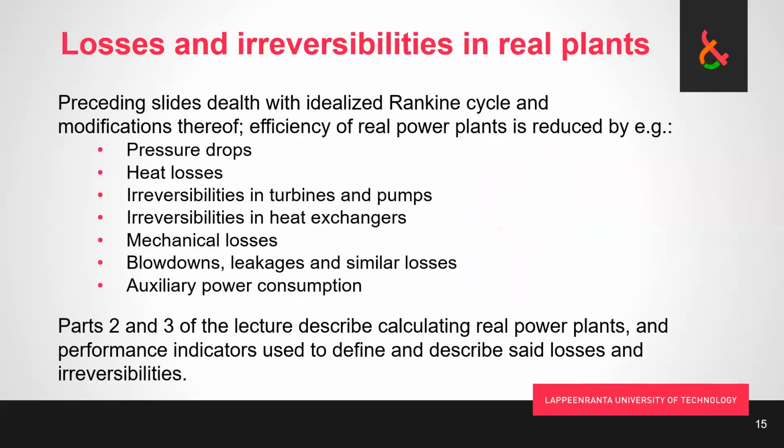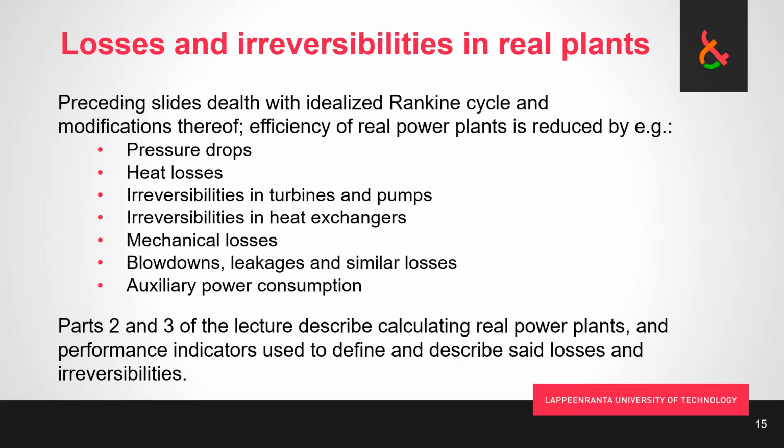That was pretty much the contents of the first part. So now we covered what we can do to improve the thermal process efficiency of the steam cycle in an ideal Rankine cycle, how we can modify the process parameters, how we can modify the process itself. And now in the following parts of this lecture and the whole course pretty much, we're going to look at what happens then in a real power plant where we actually have losses.